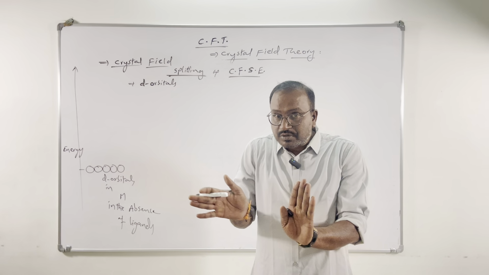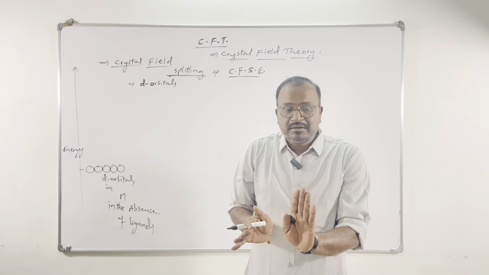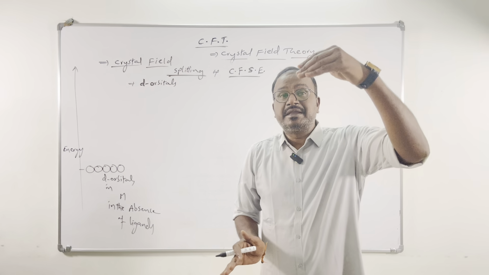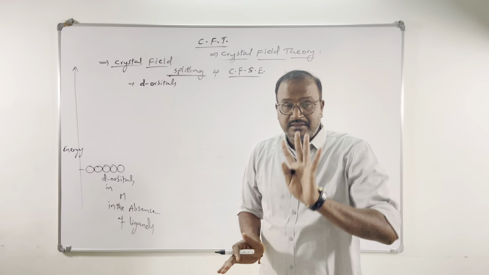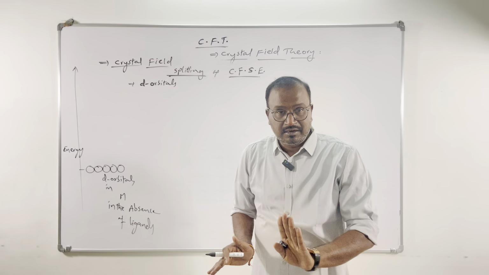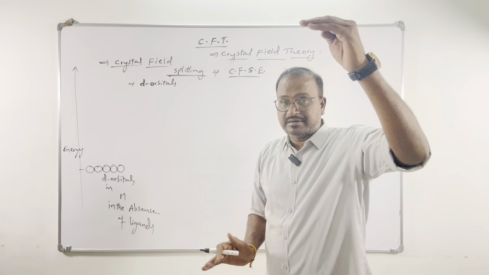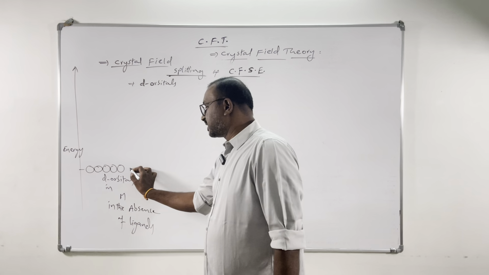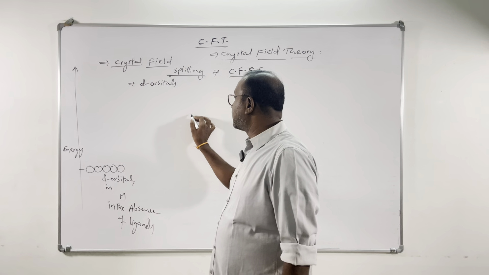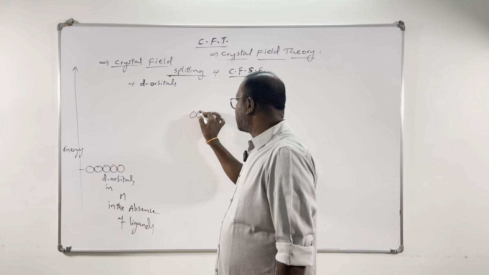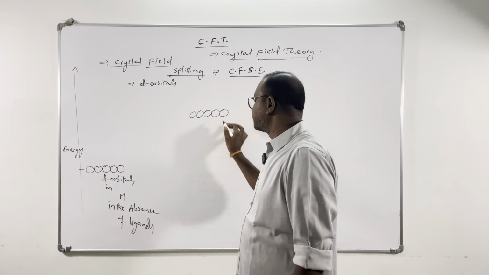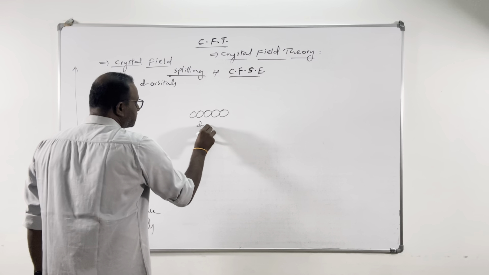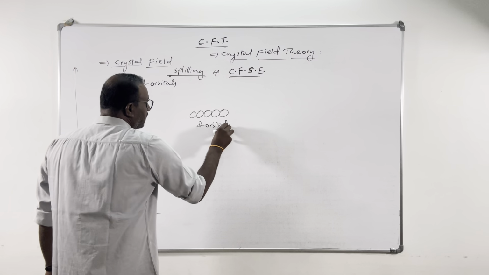When the ligands approach the metal, then the energy of the d orbitals increases. The d orbitals of the metal will get excited. Means when the ligands are approaching, the energy of d orbitals increases, and the d orbitals will be excited.